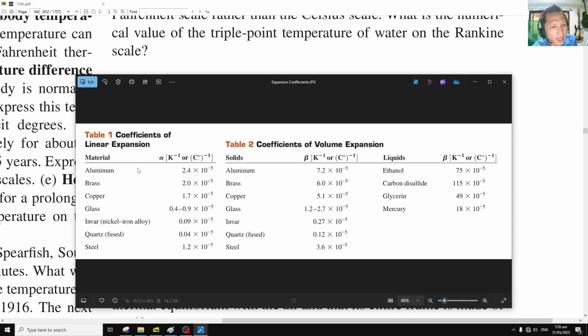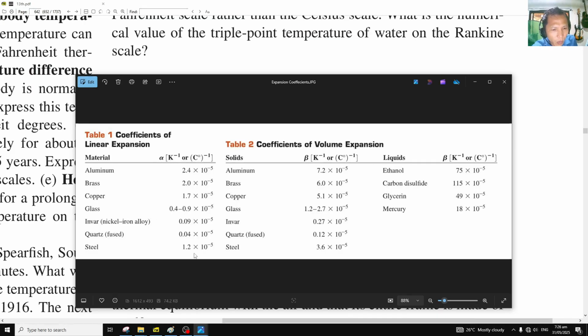For metals we usually concern ourselves with linear expansion. For volume expansion, it is three-dimensional, and the coefficient is beta. For linear expansion, we need alpha.